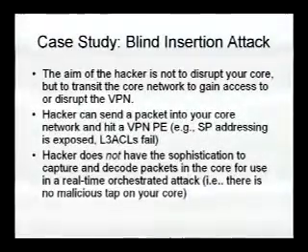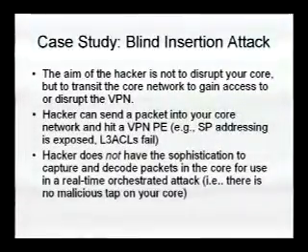So we assume that the hacker has the ability to hit that VPN PE in this particular case study. So maybe your addressing is exposed, or you have one little hole in your layer 3 ACLs or what have you. What the hacker does not have the sophistication to do in this case is to capture and decode packets in your core for use in a real-time orchestrated attack.